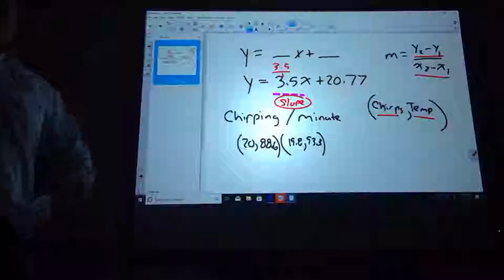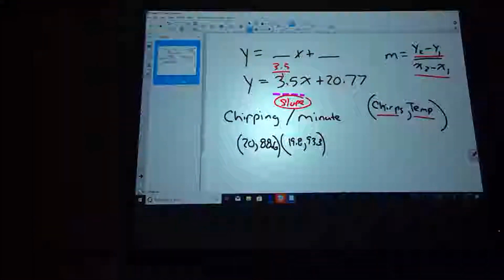What does the y value mean in the context of this problem? Temperature. So for every 3.5 degrees the temperature increases, the cricket chirps one more time.